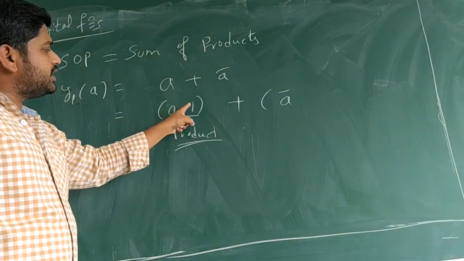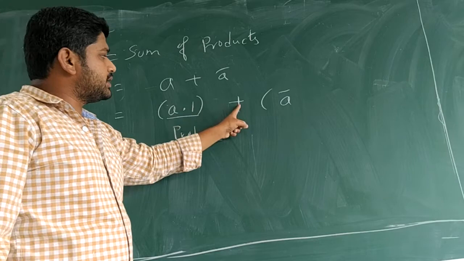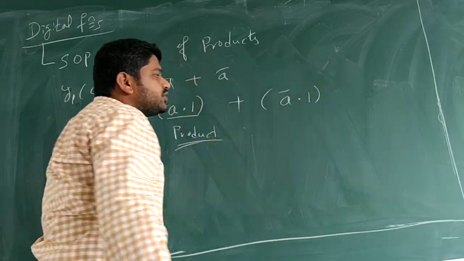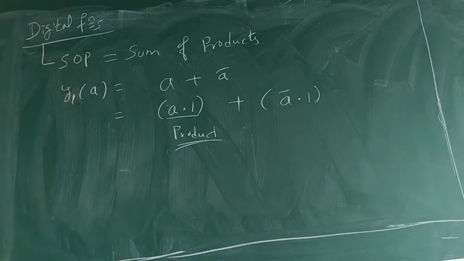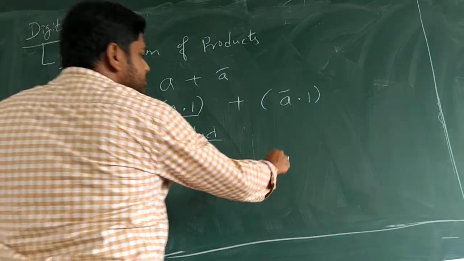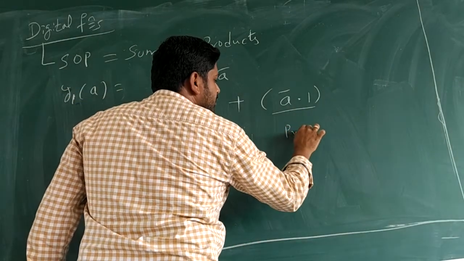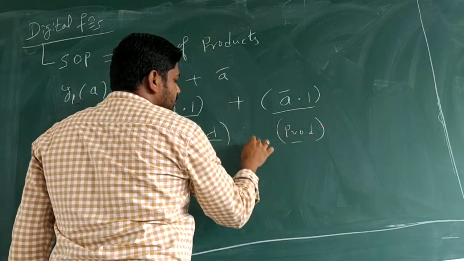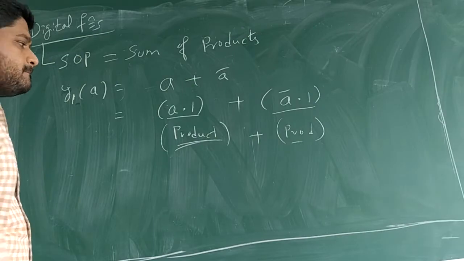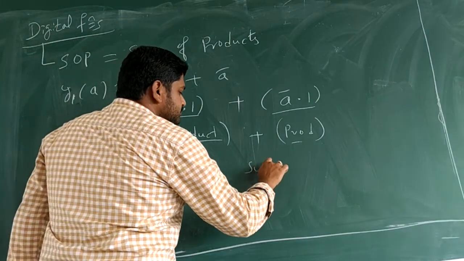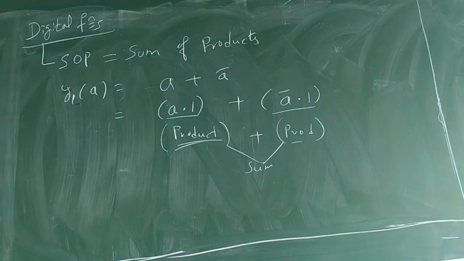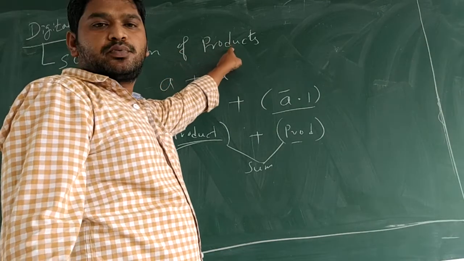A can be written as a dot 1 plus, how to write a complement? A complement can also be written as a complement dot 1. This is also product in nature. Between two products, what is the word? Sum. Sum is between two product terms. Hence it is called sum of products.